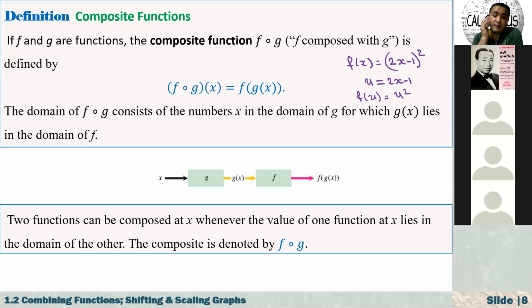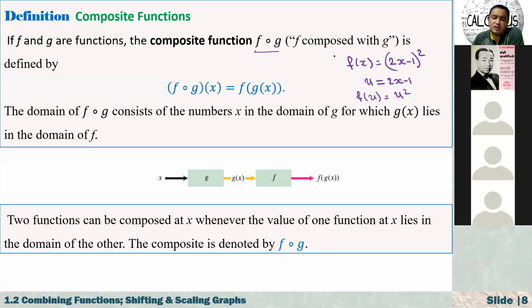So anyway, now let's get back to the definition, how we are defining the composite of two functions. If f and g are functions, the composite function, we read it as f of g, or f composed with g.